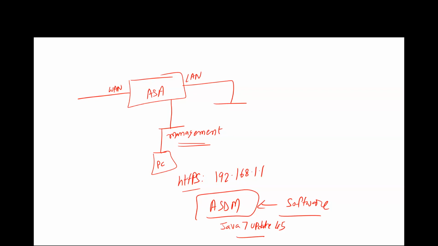When you say ASDM is a software using which you are going to do the configuration for your ASA firewall, it's a Java application which is present in the firewall. So you have to download it to your system and use it.